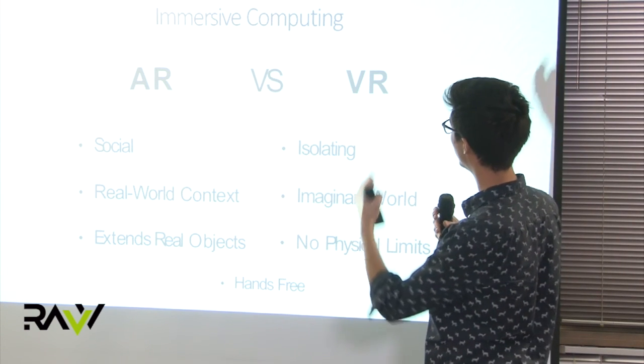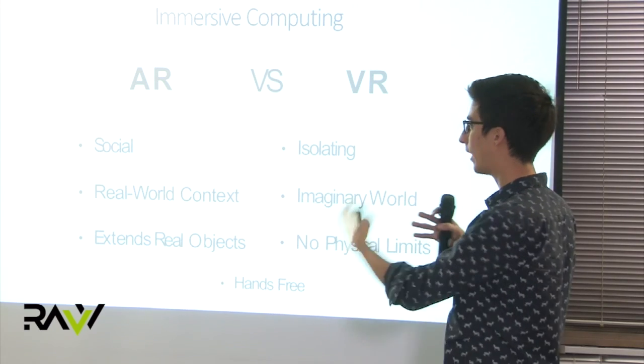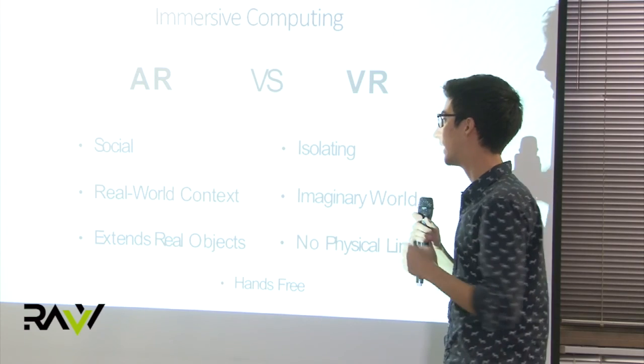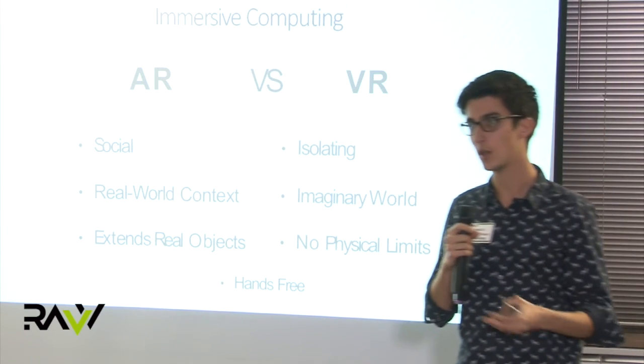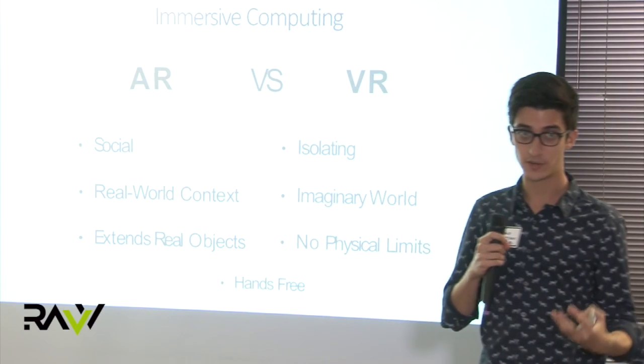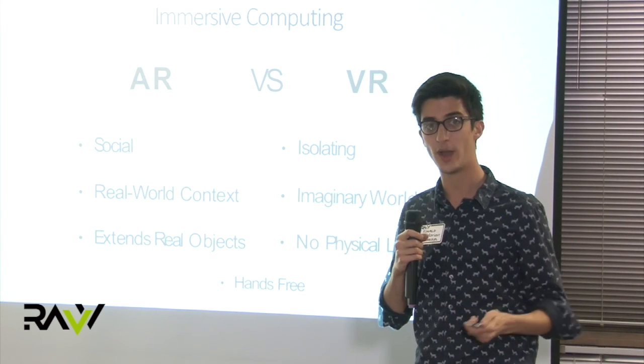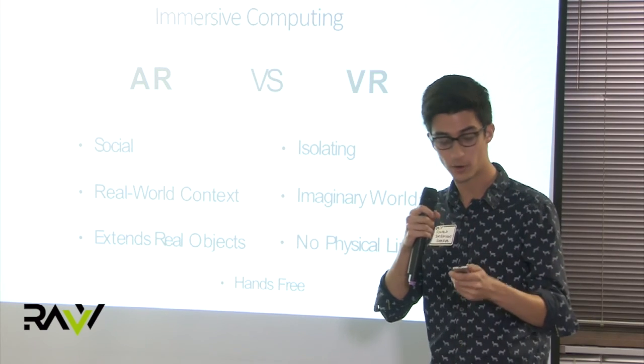The next thing is the interaction. What's the interaction like? For augmented reality, a great thing is that it extends real-life objects. When you're designing a user interface for augmented reality, this is a great benefit because users might already know how to use a microphone or a remote or a pencil.